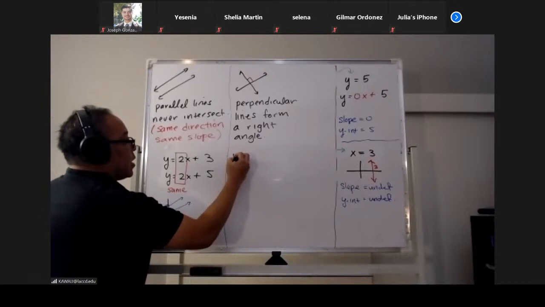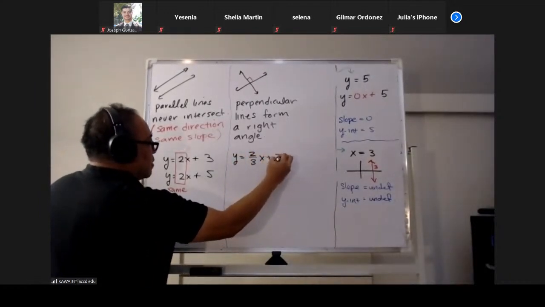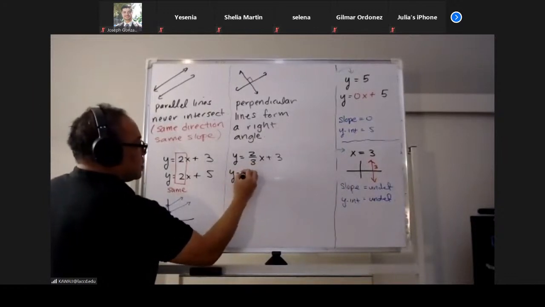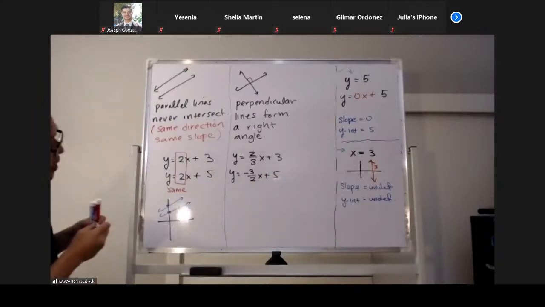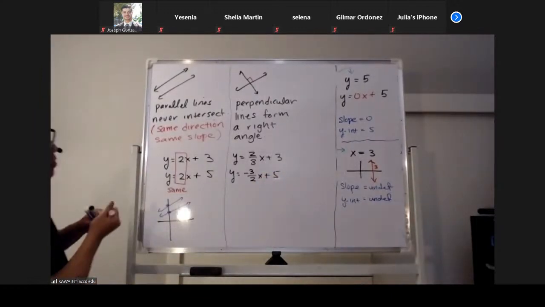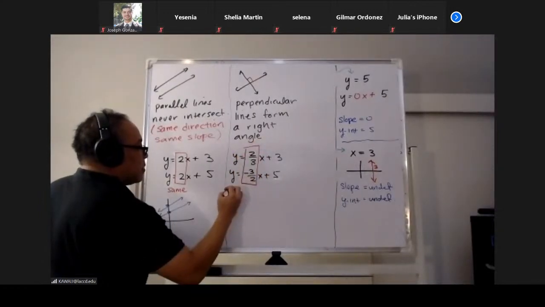So I have y is equal to 2/3 x, and then y is equal to -3/2 x. Okay. Now these are called negative reciprocals. Okay, now let me break that down.